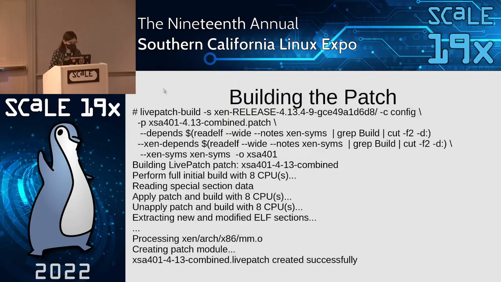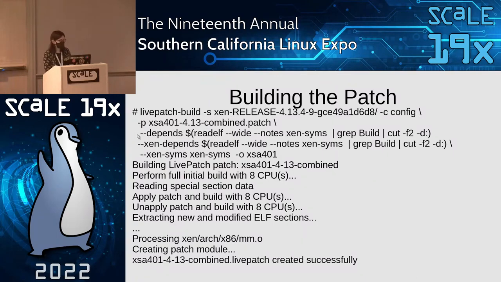So the process of building the patch, I will note, just in case you're familiar with Kpatch, the Xen livepatch build tools are based off of Kpatch. So here I give the source to Xen, I give the config for Xen, I give it the path to the patch.